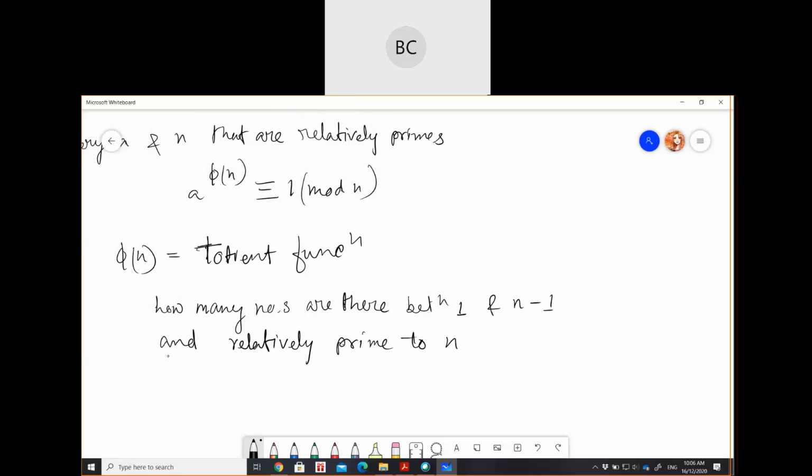So this is the totient function we use in the RSA algorithm.